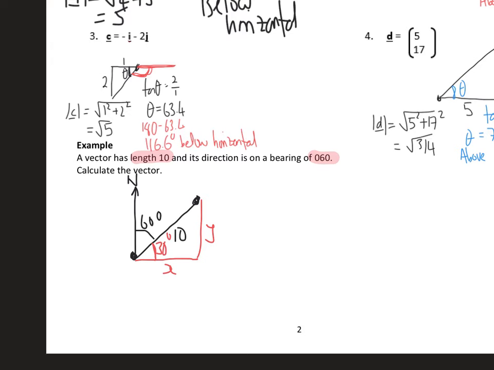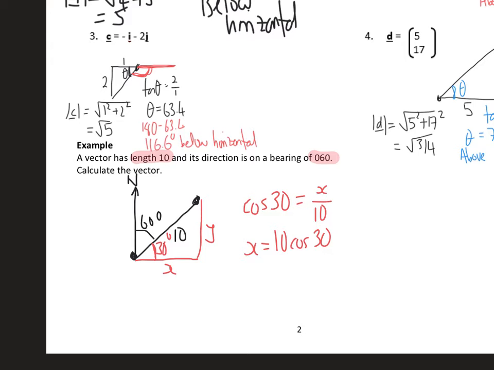And then we use SOHCAHTOA now to get x and y. So if I look at the one with x in, then I know that cos 30 is the adjacent, so that's x over the hypotenuse, which is 10. So I can rearrange that to get x is 10 cos 30.